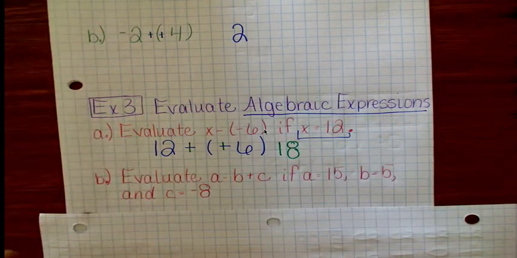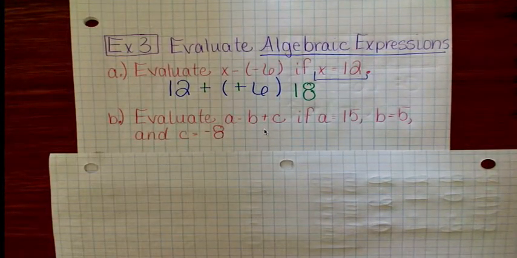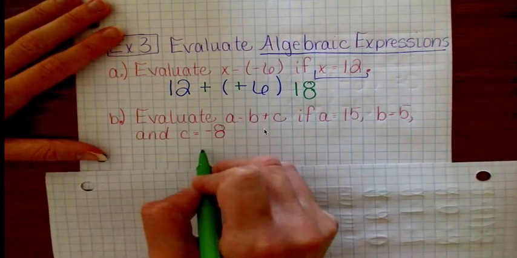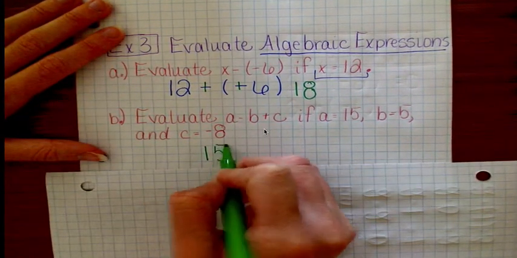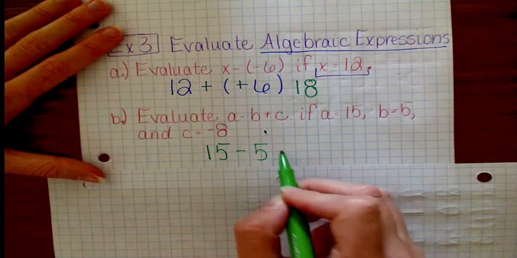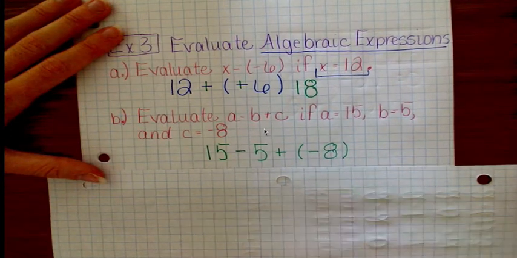Whew, I like this one. Evaluate A minus B plus C if A equals 15, B equals 5, and C equals -8. All right, so I have 15 minus 5 plus -8.